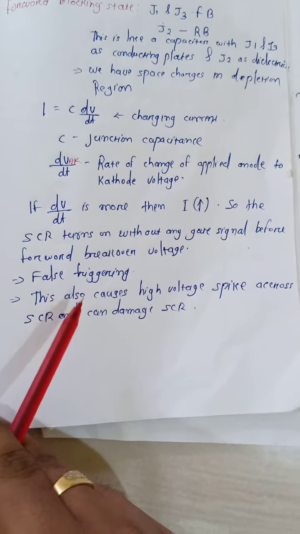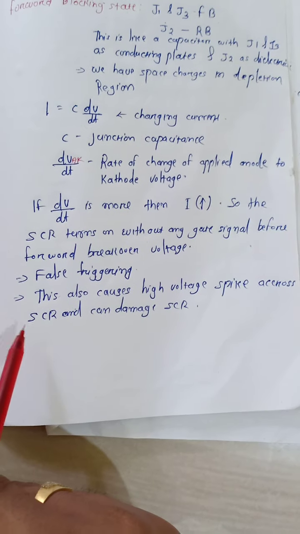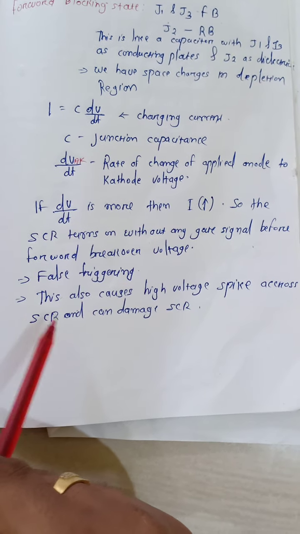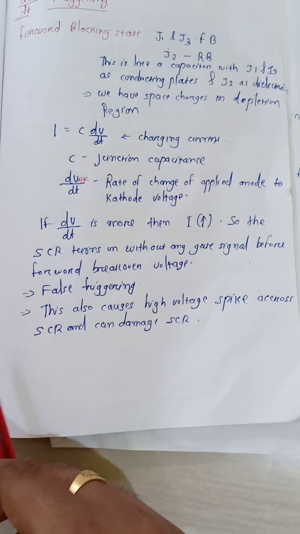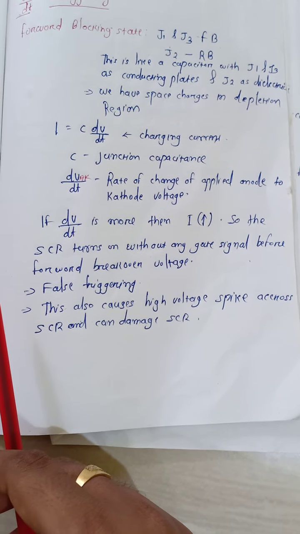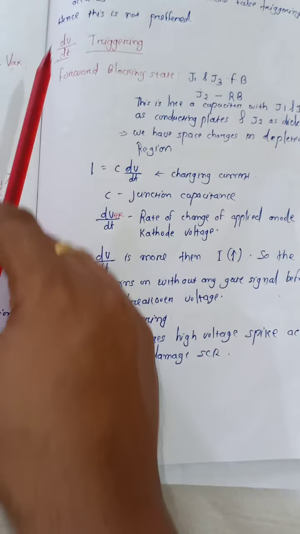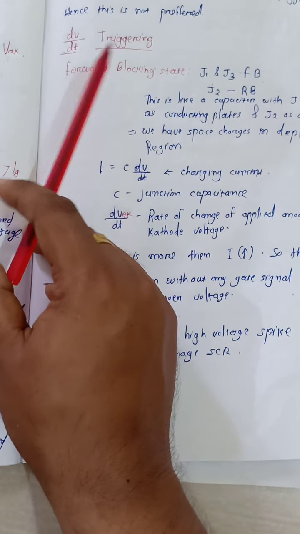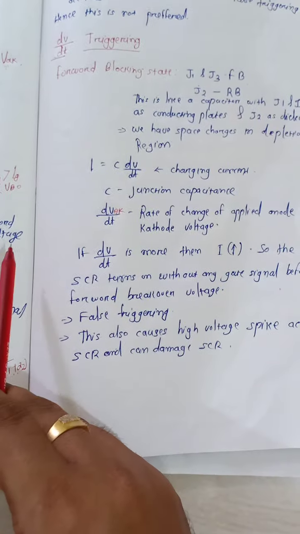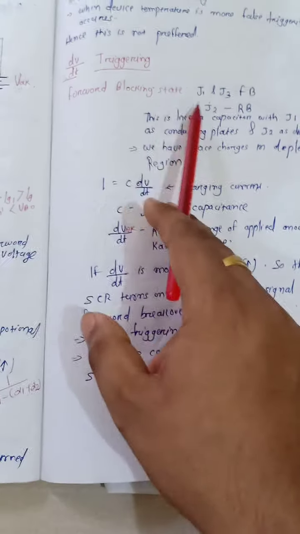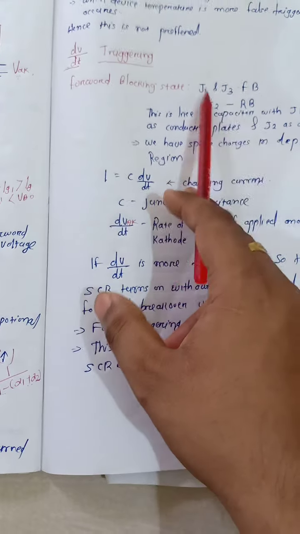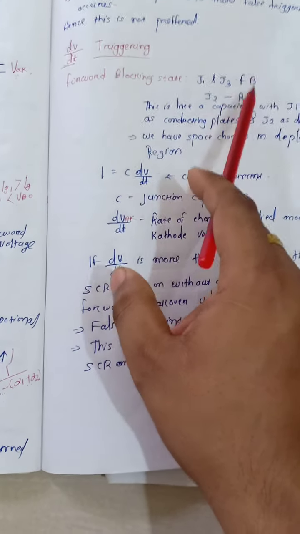And this also causes a high voltage spike across the SCR, and this high voltage spike will damage our SCR. So I think you have understood it. What is dV by dt triggering? Initially our device is in forward blocking state. So in forward blocking state, J1 and J3 are forward biased, J2 is reverse biased.